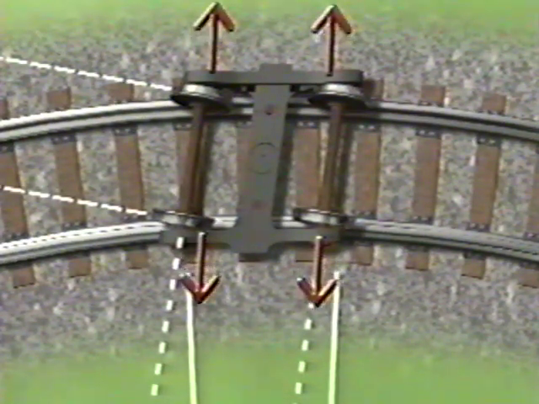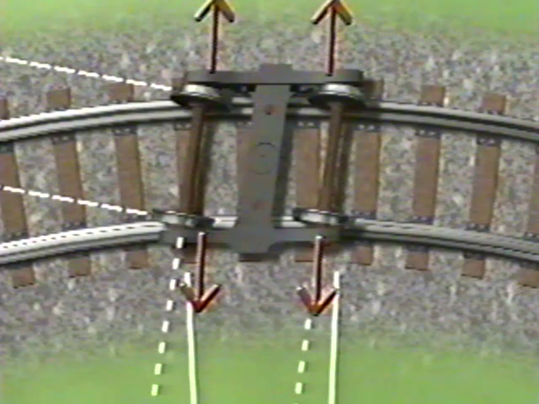But what happens after the truck warps? It generates a large angle of attack that increases lateral forces until all of the friction between the wheel and the rail is used up. In the derailment scenario, the rails were rolled outward and spread apart by these large lateral gauge spreading forces.